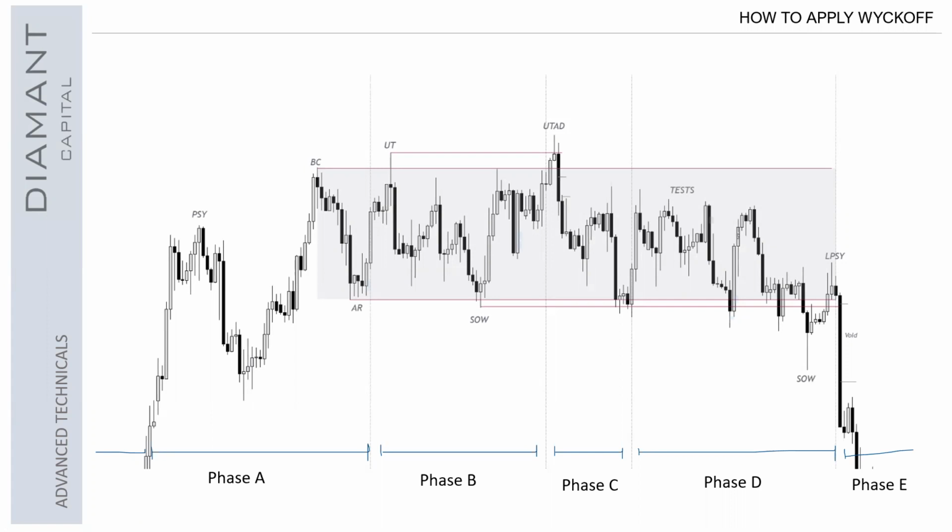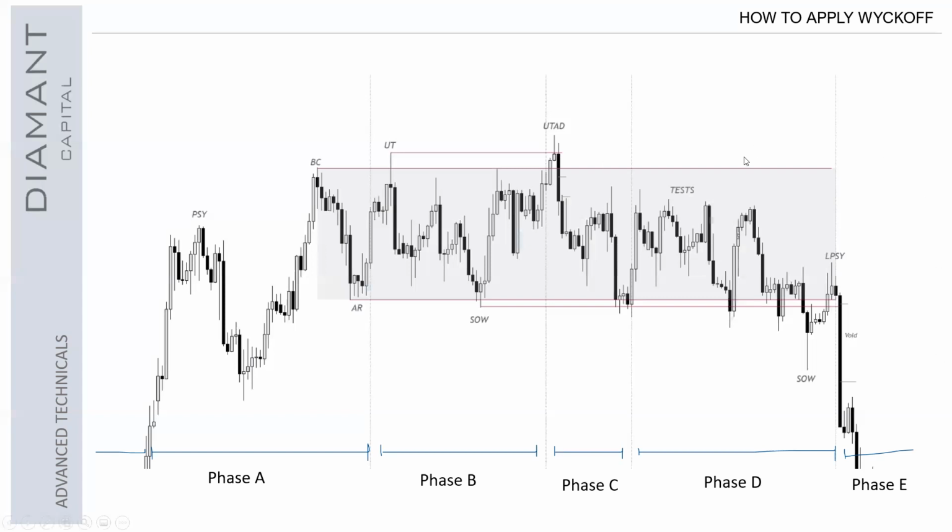When you see that end of phase C, when you see that final breakdown and you've got confirmation of now a bearish structure, you're going to expect some kind of retracement to the top, right? You're going to expect some kind of retracement towards your UTAD, or however you like to call it, that run on liquidity. All of this can just be named differently, but it's all the same thing.